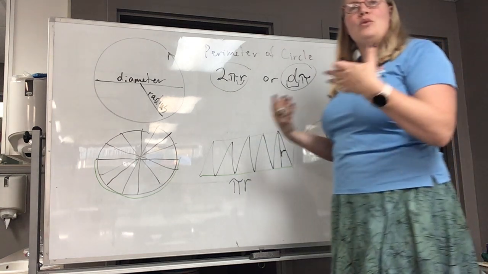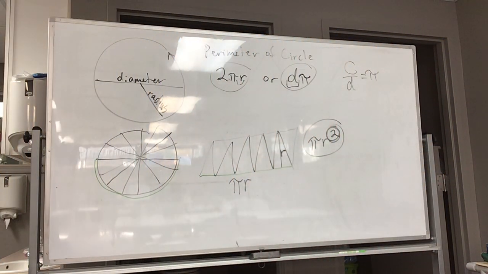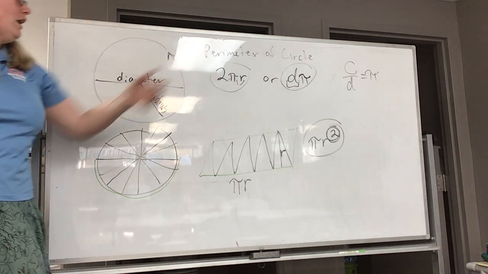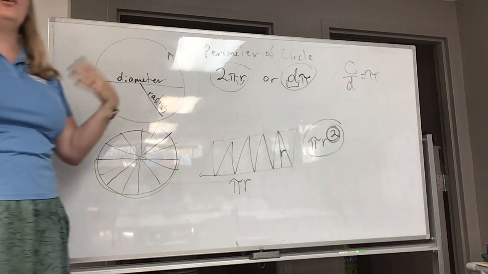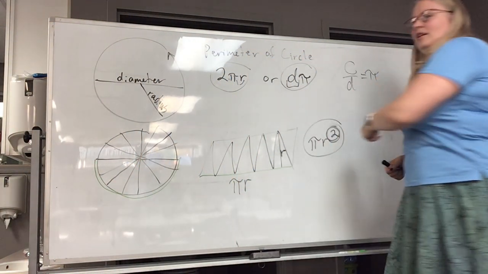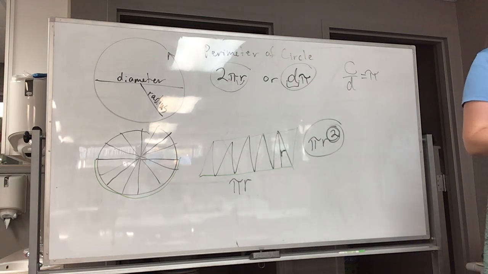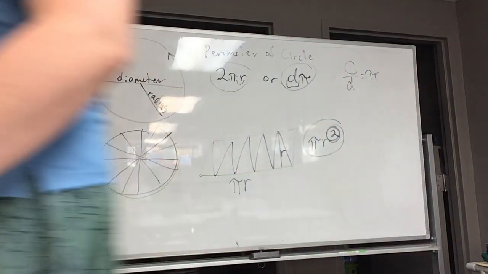It's going to give you area. And so that's how you keep the 2 separate. 2 pi r, or diameter times pi, that's the distance around the perimeter of the circle called the circumference. Pi r squared, if it's got the squared in it, that's the one giving you area.